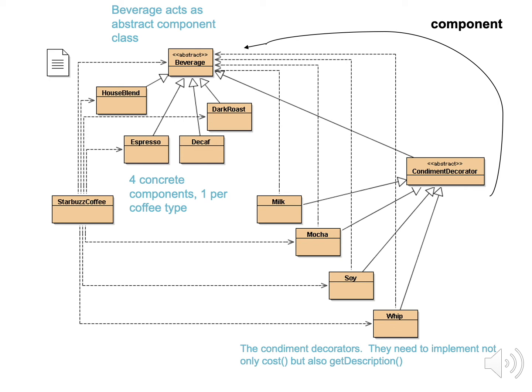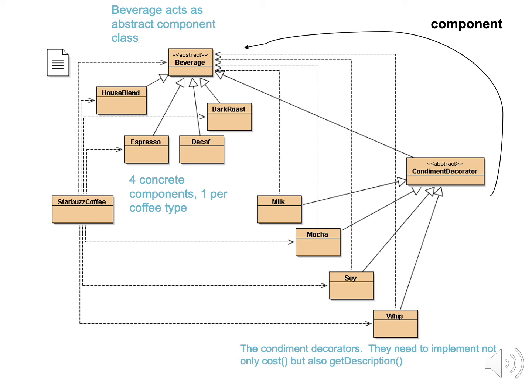Now you can compare it with the previous slide, slide 20, where you used approach one with simple multiple inheritance, and you had to create subclasses not only for each beverage but also for each condiment, and as well the combination of condiments.